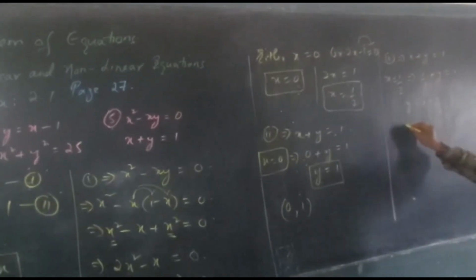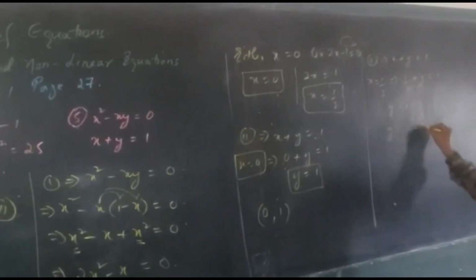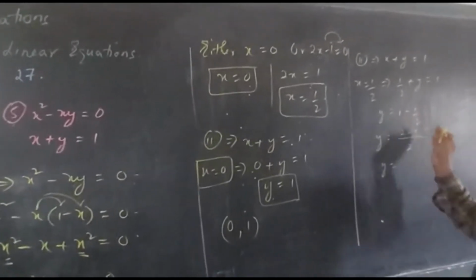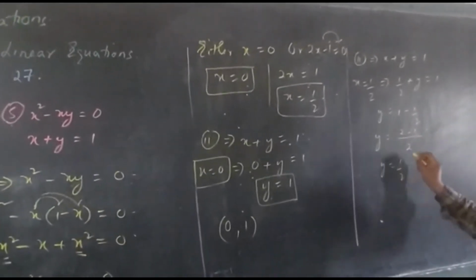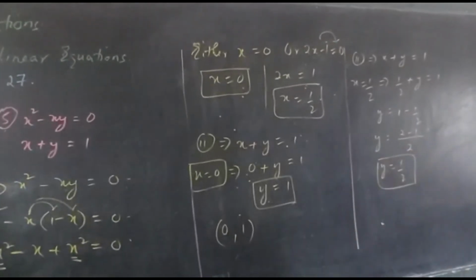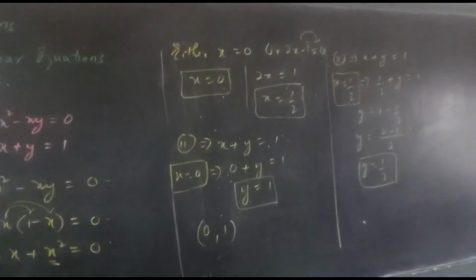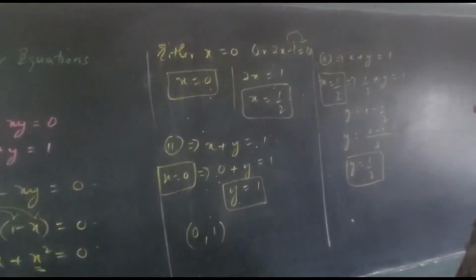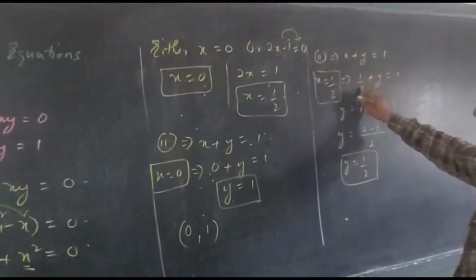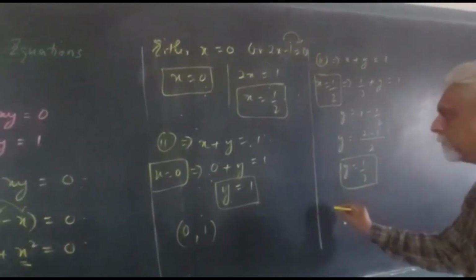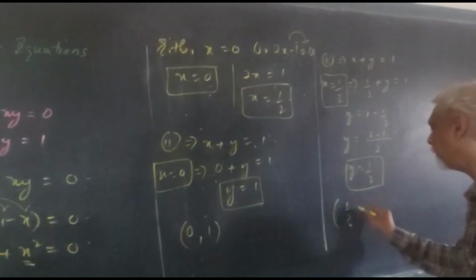It's half, but you can solve it also, you can do it mentally as well. y equals, taking the LCM and all that, 1 upon 2. There you go. So we have x equals half and y equals half, so 1 upon 2 and 1 upon 2. Let me just check the equation once again. x equals 1 upon 2, plus y equals 1 minus half, yes. So we have 1 upon 2 and 1 upon 2.